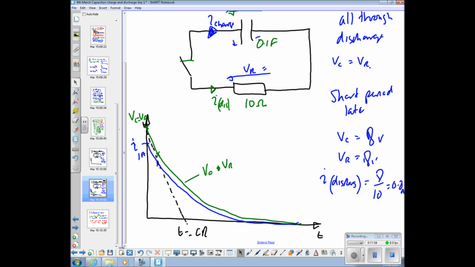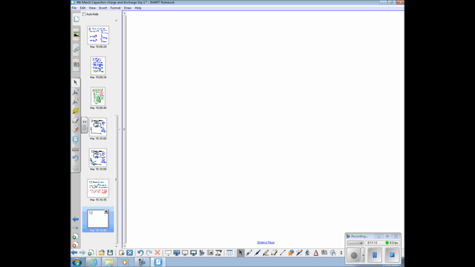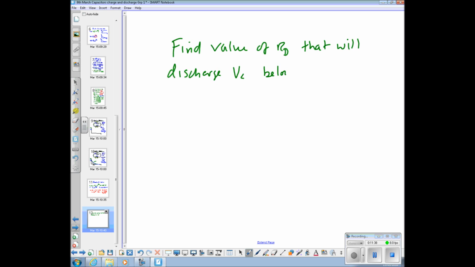Okay? Now, one kind of calculation you might be asked to do with this type of circuit is find the value of R, the discharge resistor, that will discharge VC below 1 volt.